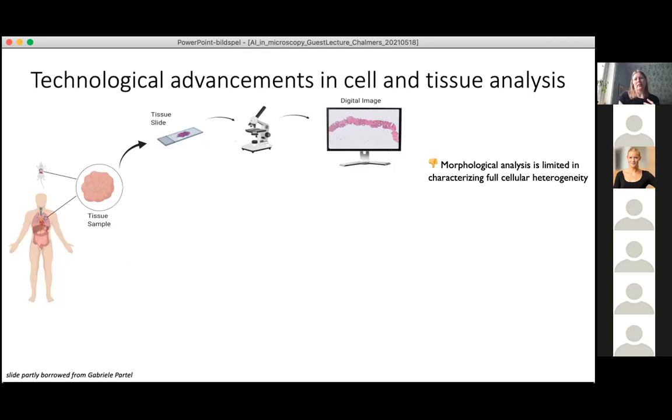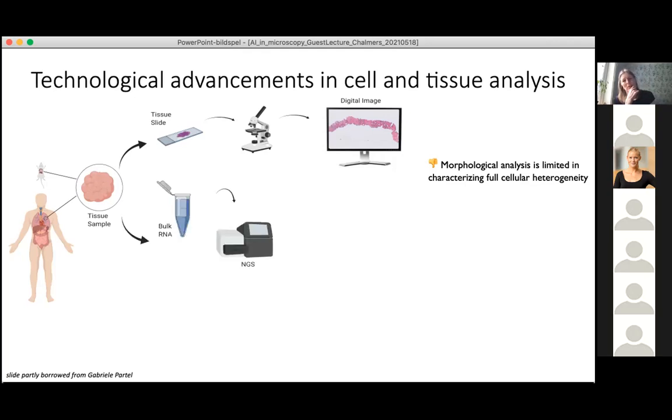But this is a bit limited. We only look at the size and shape, but we don't really know exactly what kind of molecular changes happened inside this tumor. And it's really the molecular changes that we would need to know if we were to design a good treatment of potential new tumors or malignancies in this patient.